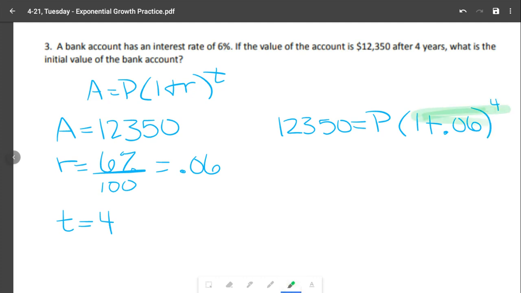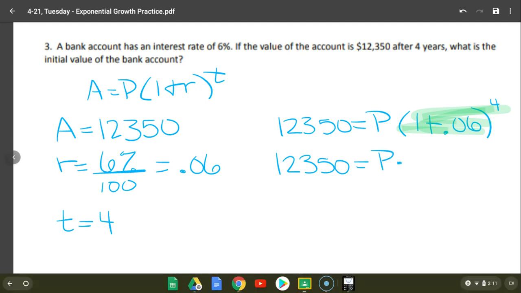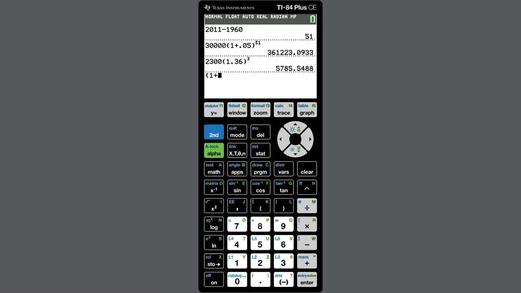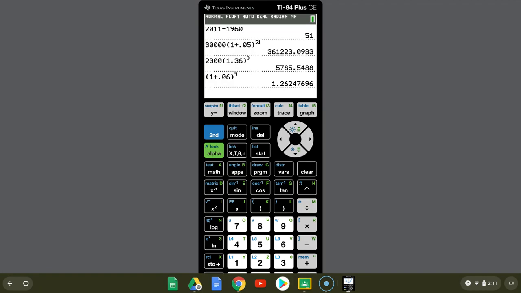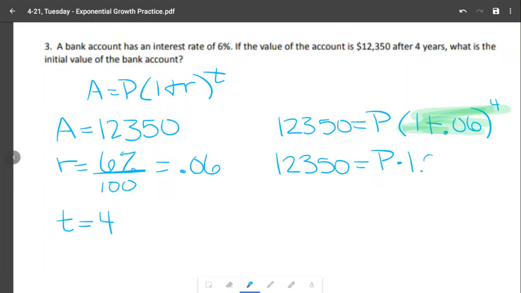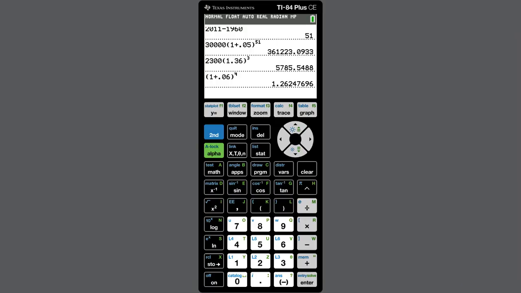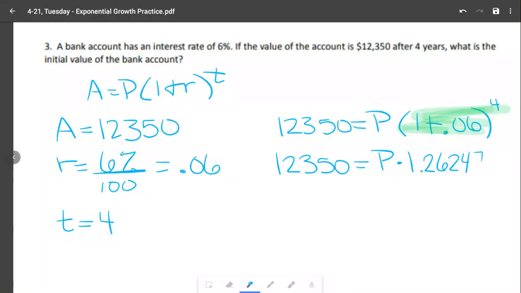So doing this, remember I said plug in the parenthesis with the exponent into your calculator. We have P times this parenthesis. So what we get, 1 plus 0.06 to the 4th, 1.2624. Use the whole decimal, 7696.